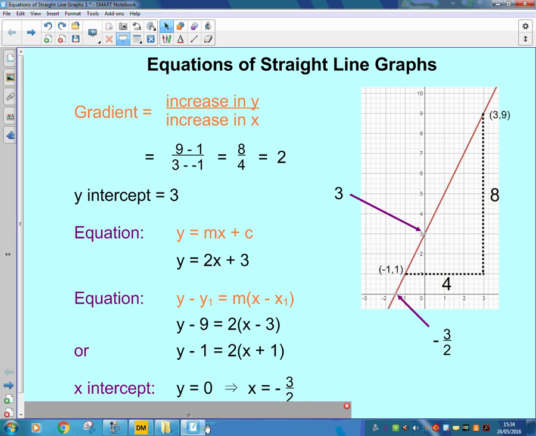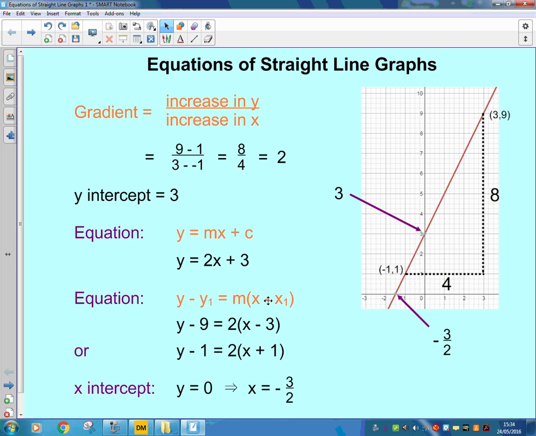So the important things to have learnt: the gradient is the increase in y divided by the increase in x. You've got two types of equation, y equals mx plus c, or y minus y1 equals m(x minus x1). Y equals mx plus c is great if you know the y-intercept, but if you just know a point or a couple of points that the line goes through, you might find that this one is a little bit quicker.